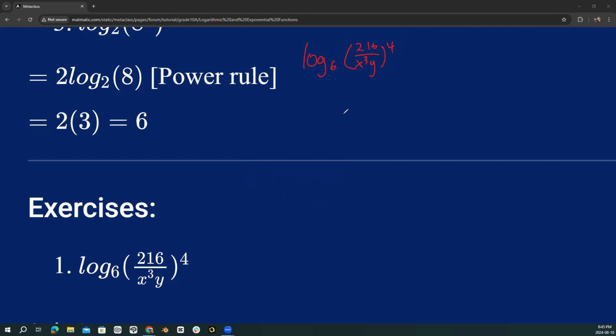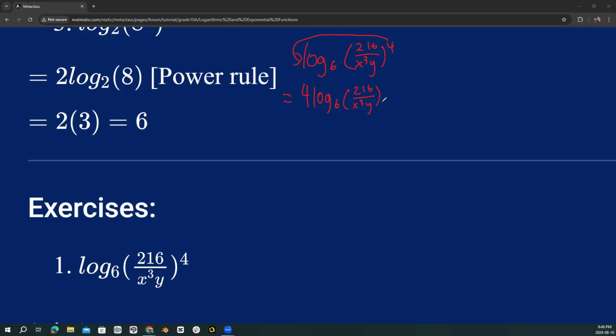So first step, we should use the power rule to move this 4 to the front here. So we'll get 4 log 6 of 216 over x to the power of 3 y. We're moving this 4 first because we want to get rid of anything outside of the bracket before we start working inside of the bracket.